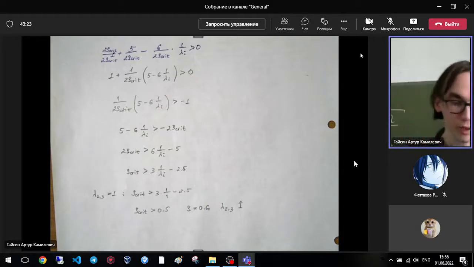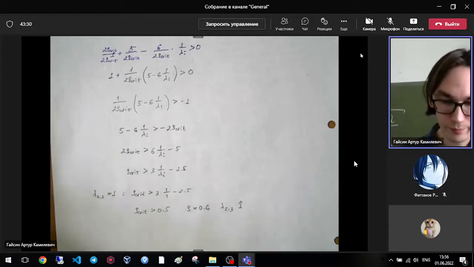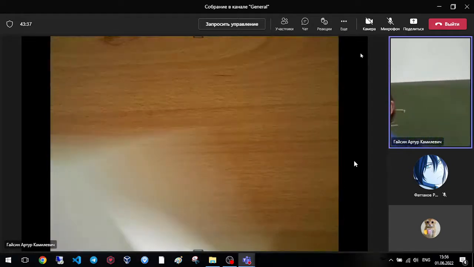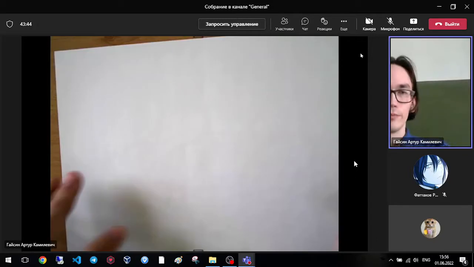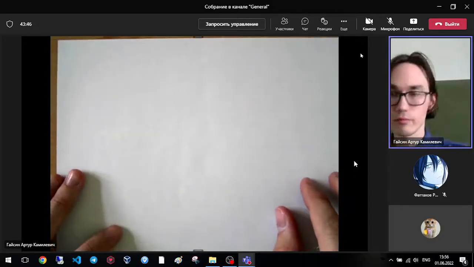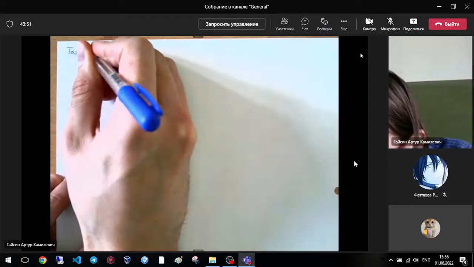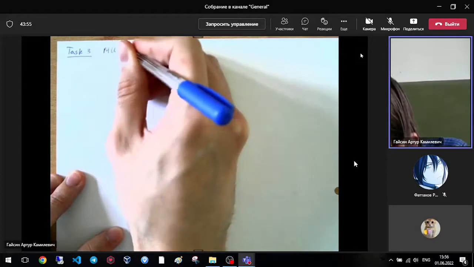So without numbers, task without numbers. Let's write this one, task 3, multi-user MIMO.